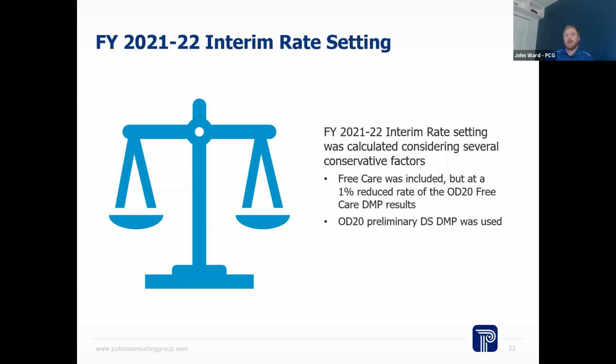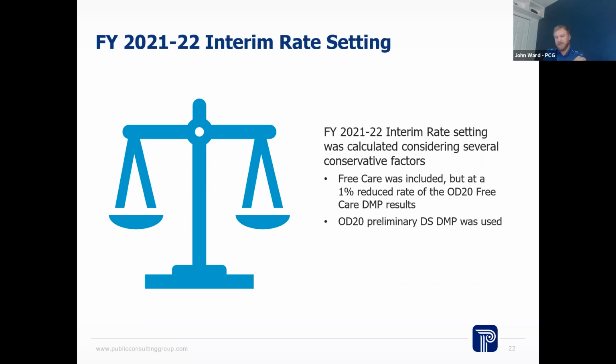And then in terms of the FY22 interim rates, those are the monthly interim payments that you are currently receiving. Two precautions were taken with this. First off, free care was included in calculating these monthly interim payments. We just took 1 percentage point away from what that calculated free care percentage was.